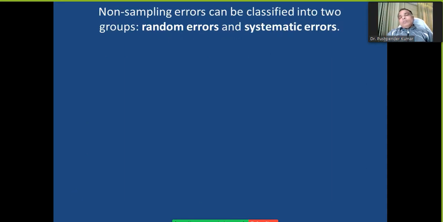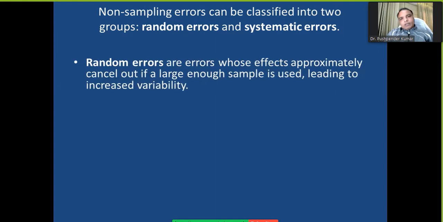Now non-sampling errors can be classified into two groups. First is random errors and second is systematic errors. Random errors are errors whose effects approximately cancel out if a large enough sample is used.